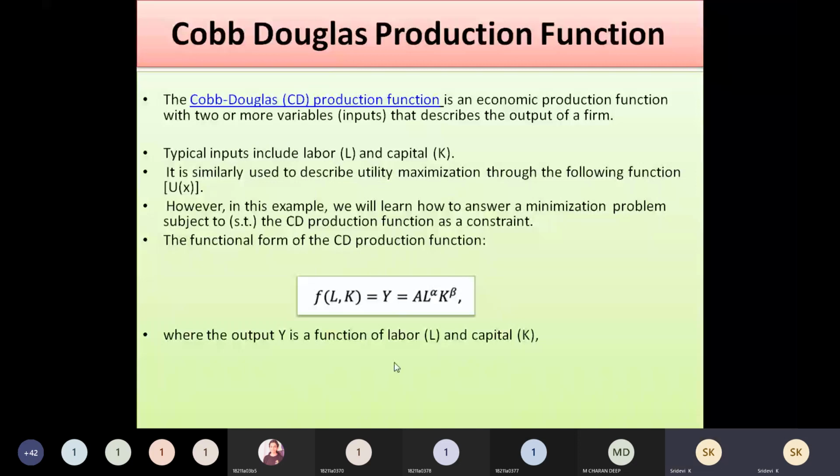What is A? A is a constant value that they have fixed. So if A, for example, 0.1 percent, is changing, what will be the change in the labor and capital they have identified?